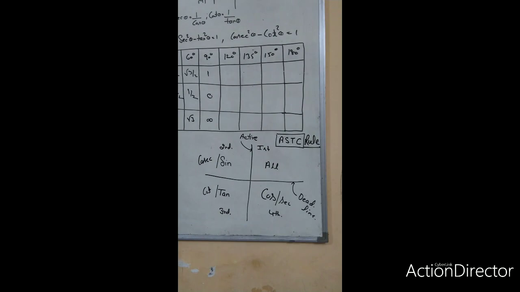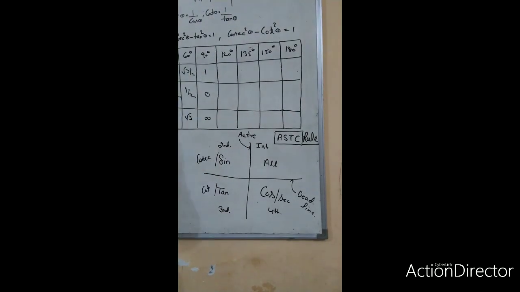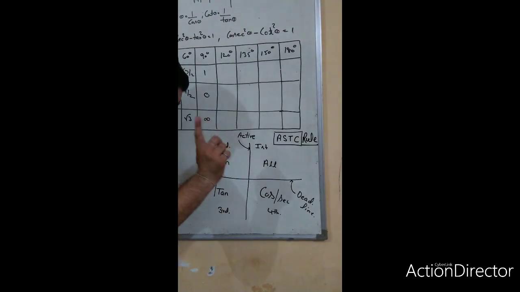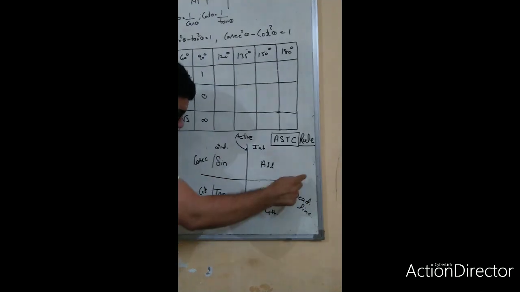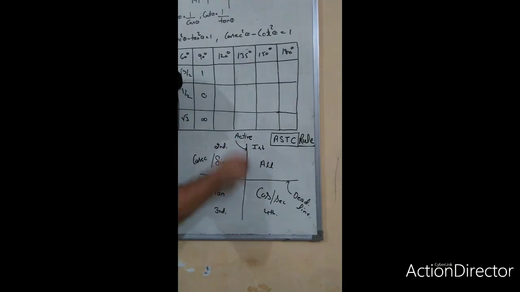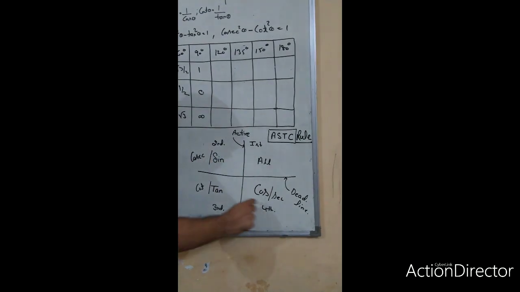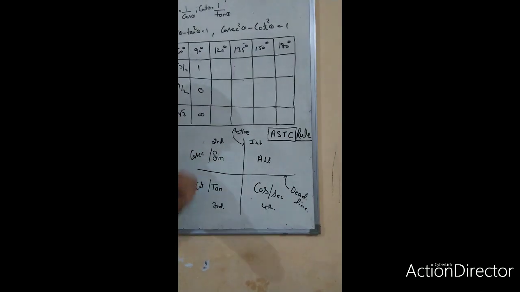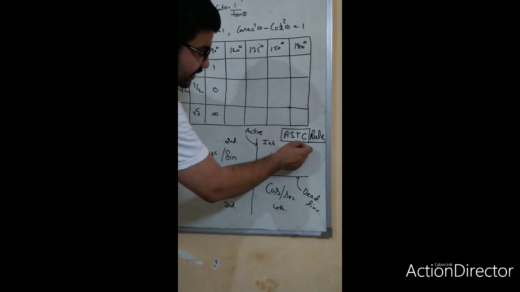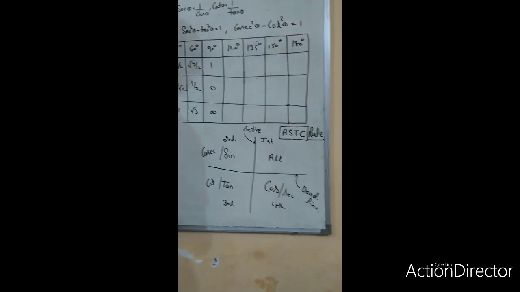To convert one quadrant to another, you have to understand all these. This horizontal line is called dead line, and this vertical line active line. And the formula for these trigonometric signs value is ASTC.